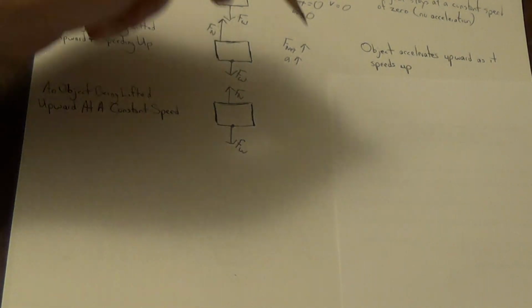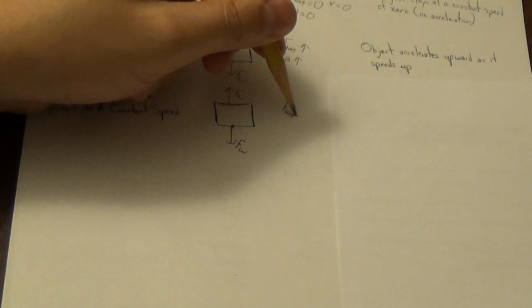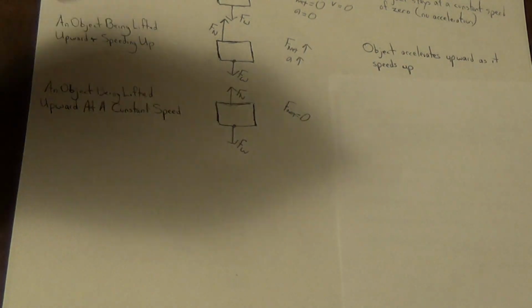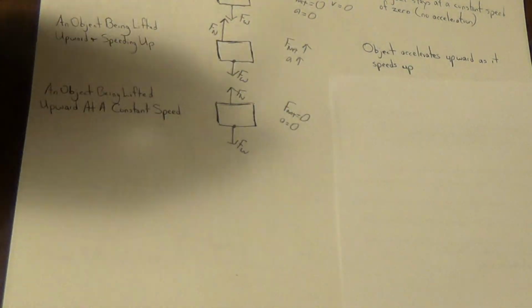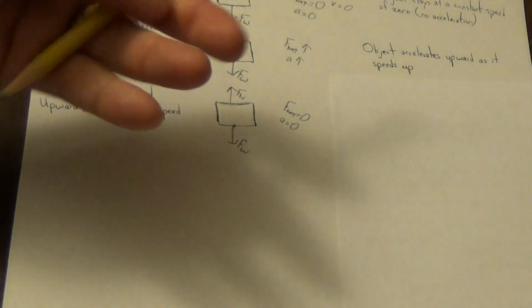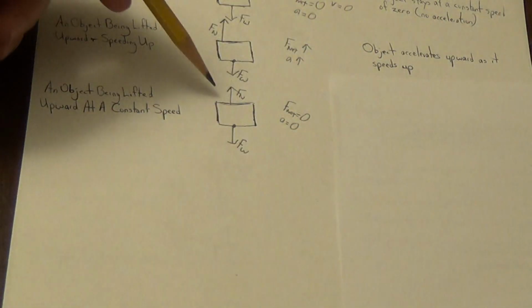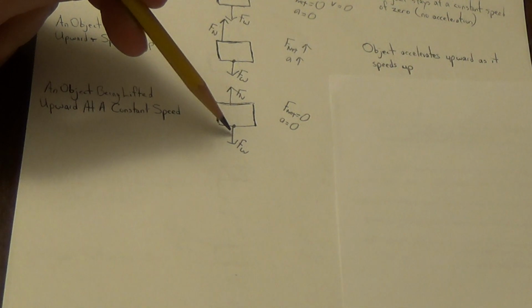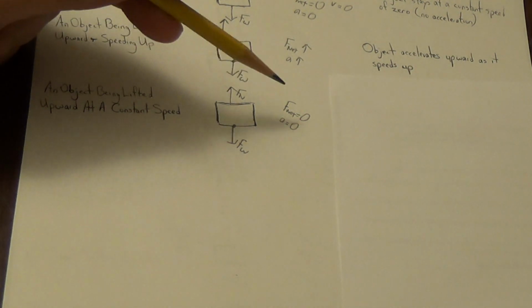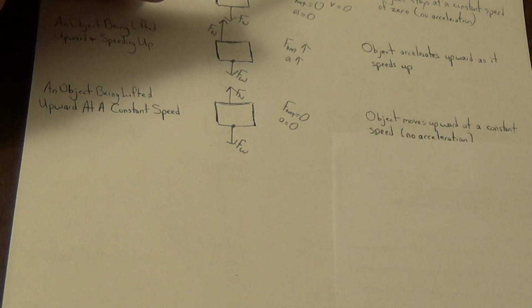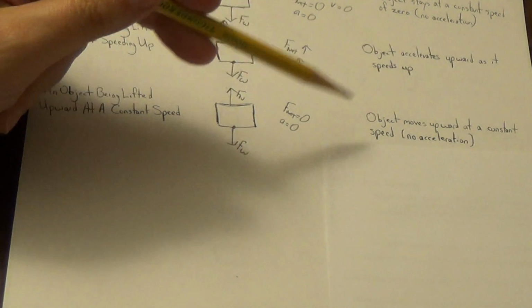Those are equal and opposite. So the net force is 0, but that doesn't mean it stopped. It just means that the acceleration is 0. The speed isn't changing. So once I get it moving, I don't have to push quite as hard. I just have to push equal to its weight up. And that means it won't change speeds. The object is going to move upward at a constant speed.